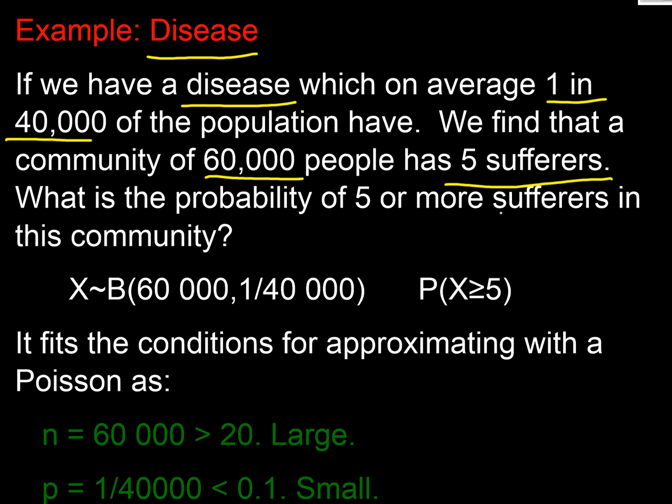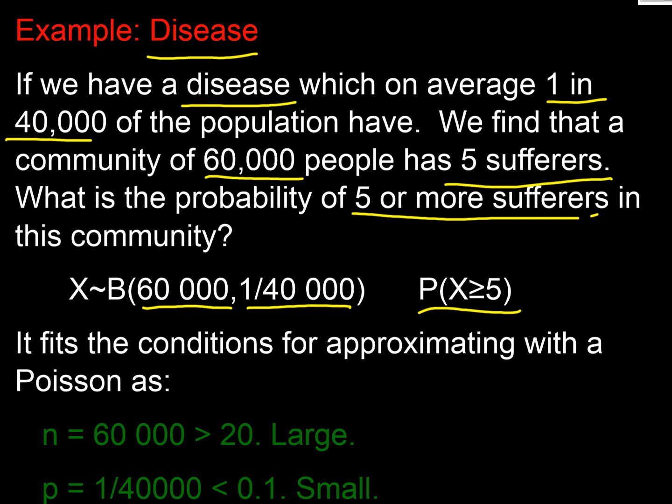So what's the probability of 5 or more sufferers in a community? Well, what we're looking at here is a binomial, isn't it? You either have the disease or you don't. And if we looked at that, our n would be 60,000, our p would be 1 in 40,000, and we'd be interested in the probability that x is greater than or equal to 5.